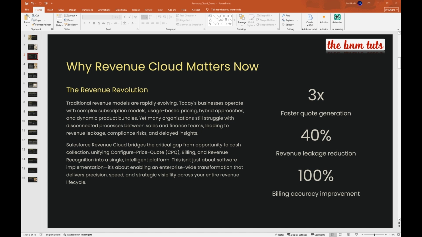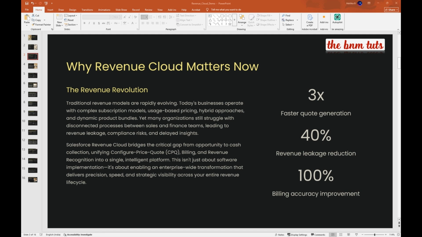You need not go to different systems, that is, CPQ in Salesforce for quotation, billing and ERP for invoicing, renewals in spreadsheets, or revenue recognition in financial tools. It will give you a loss of efficiency. That means when you have a disconnected revenue process, definitely we will lose efficiency.